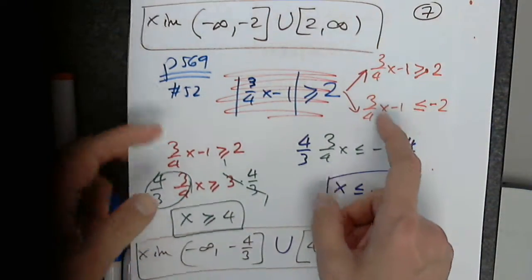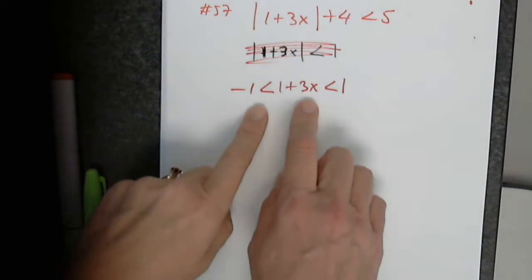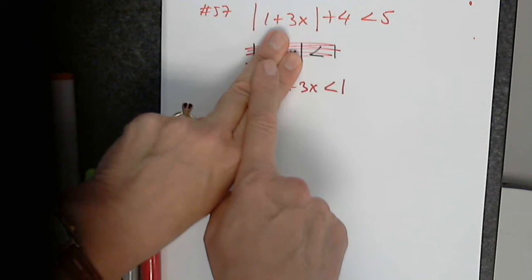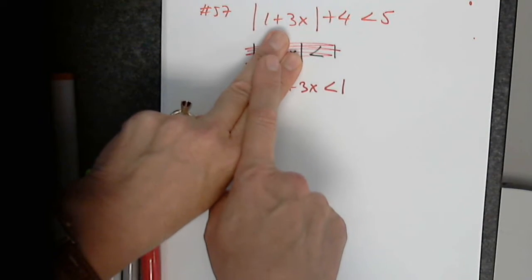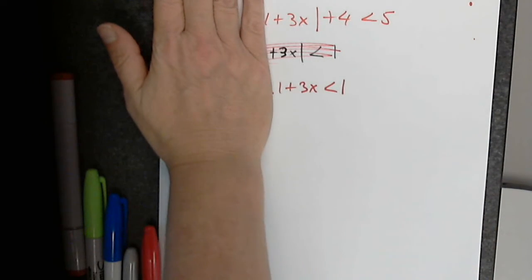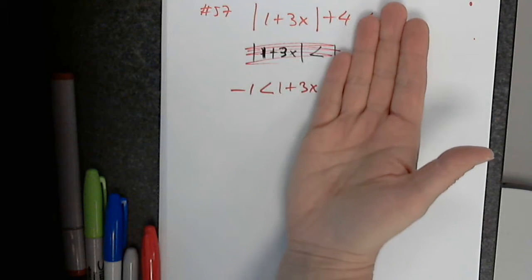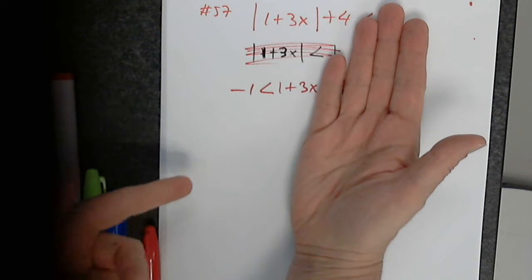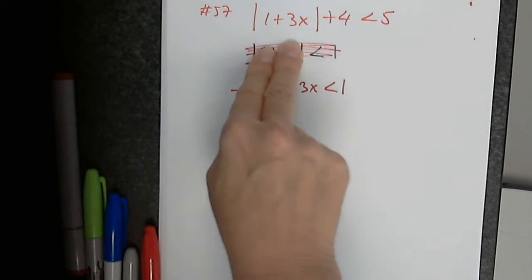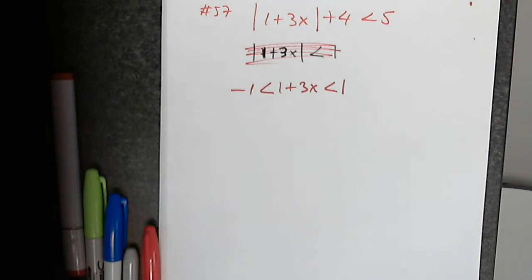But here, I'm asked to find numbers whose distance from 0 is less than 1. So they are found between negative 1 and 1. This will not be enough. Actually, it will be a mistake, as well as this. So I have to conclude that these numbers have to be found between negative 1 and 1, because then their distance from 0 will be less than 1.